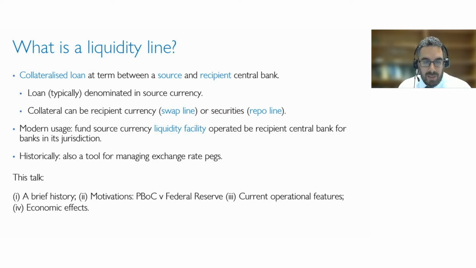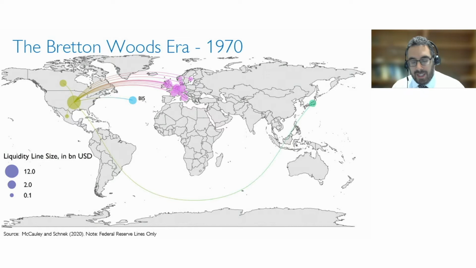Onto the history. Central banks have been lending each other money for a long time. You can go back to the 19th century and find examples of cross-border loans between central banks in gold or even silver. Operationally, though, what we see today really dates back to the 1960s and 70s, the Bretton Woods era.